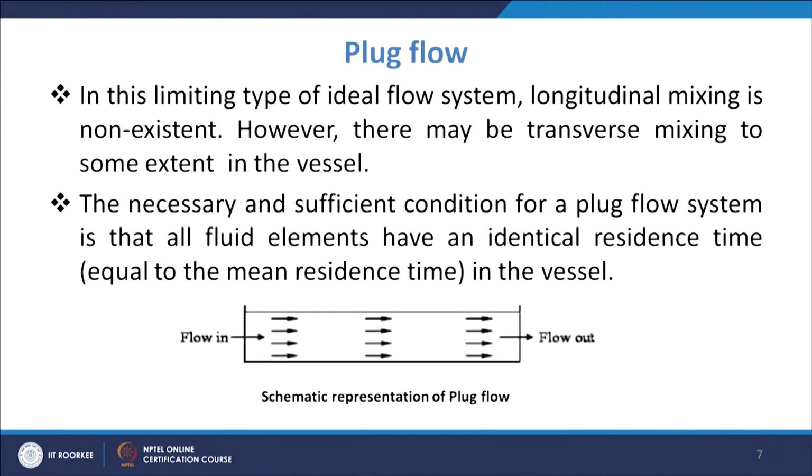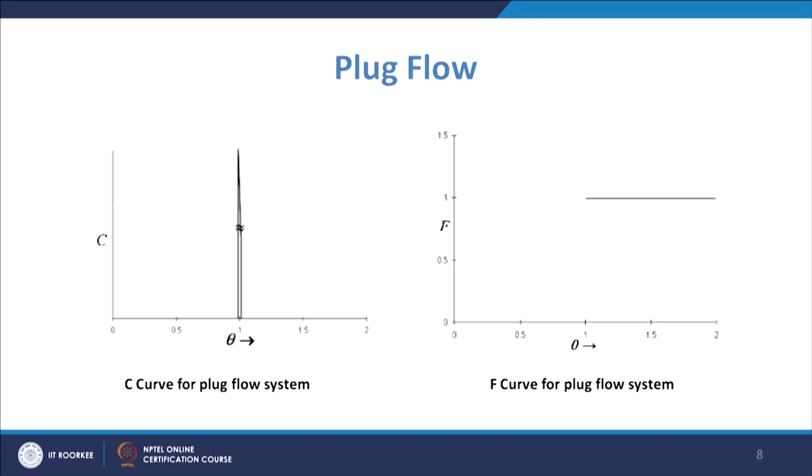Every fluid element which is flowing in that plug manner will have the same residence time. So, the flow goes and then comes out. This is the example of the plug flow.